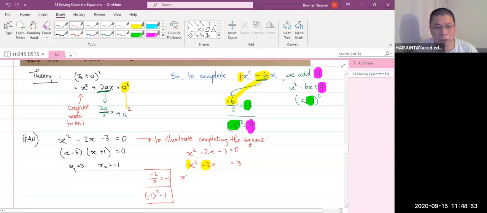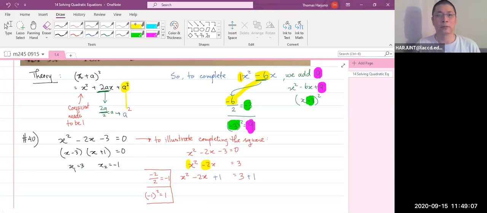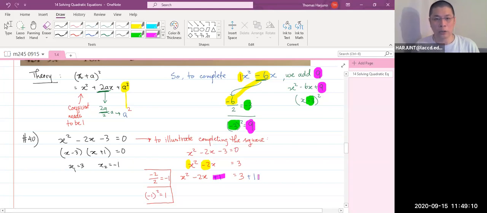So x squared minus 2x equals 3, right? Now you will add that 1 to both sides. That's the 1 you add to both sides, it comes from here.